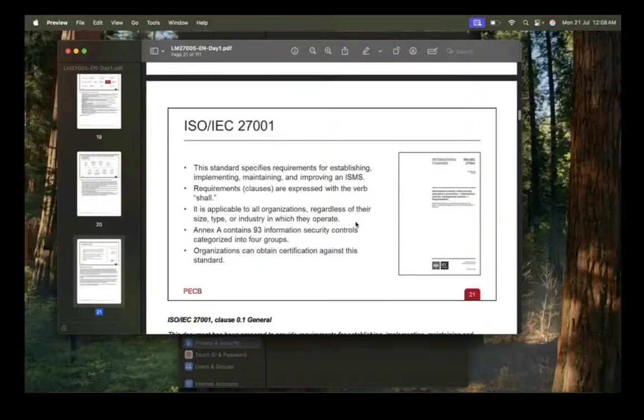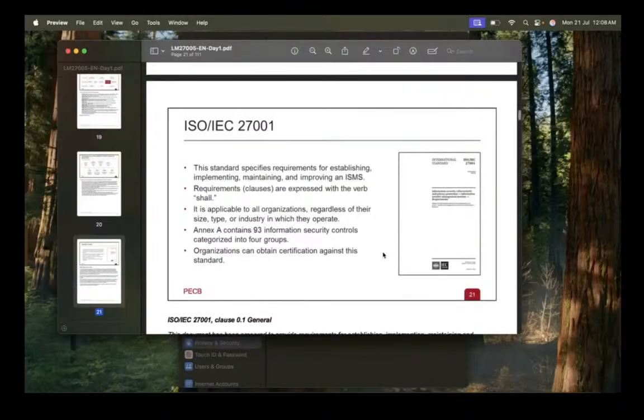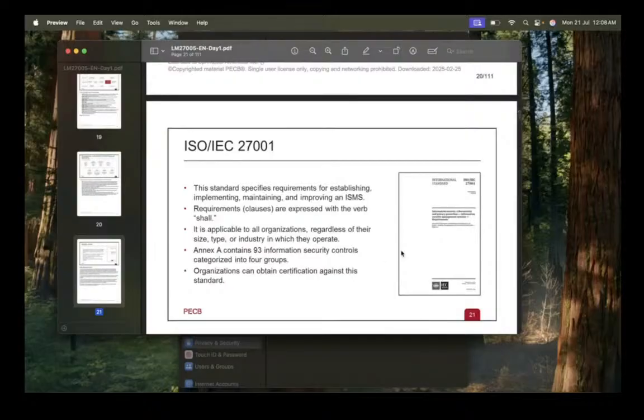In this standard, the requirements are expressed with a verb. You can anytime go to the ISO website and download these standards to have a better understanding of how they look and how things are explained in the standards.